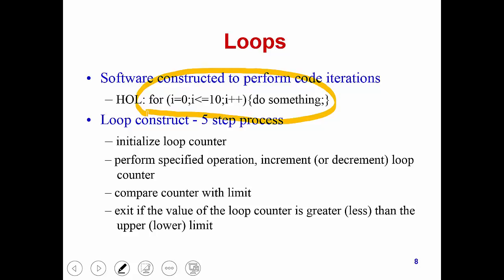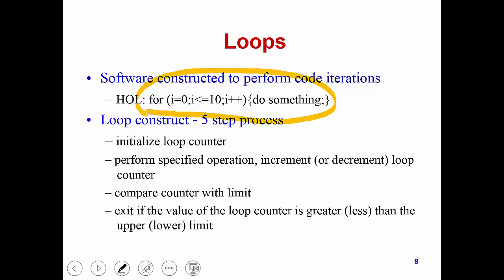This shows that in a high-level language, a loop performs code iteration. Although we didn't have a very good discussion about loops, we already saw loops before when we did some lab exercises or homework problems.